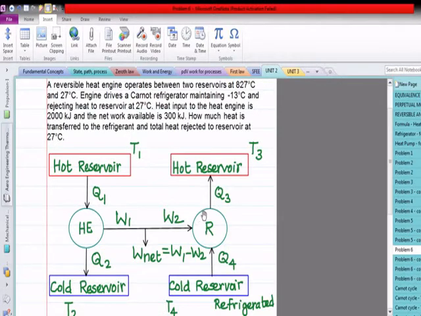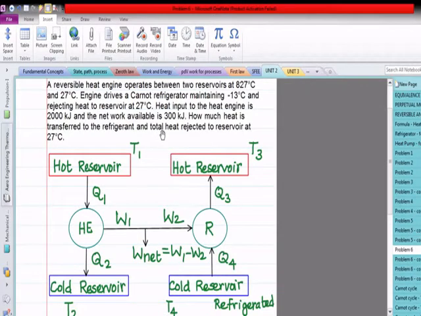It circulates through all the devices that are present in a refrigerator. So assume that the refrigerant is present inside the refrigerator. Heat transferred to the refrigerant means the heat added to the refrigerant. So therefore, I need to find out Q4.